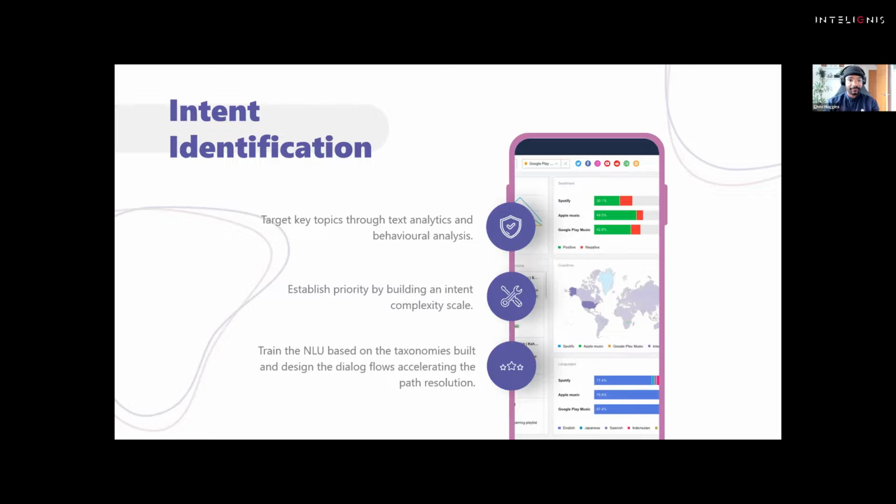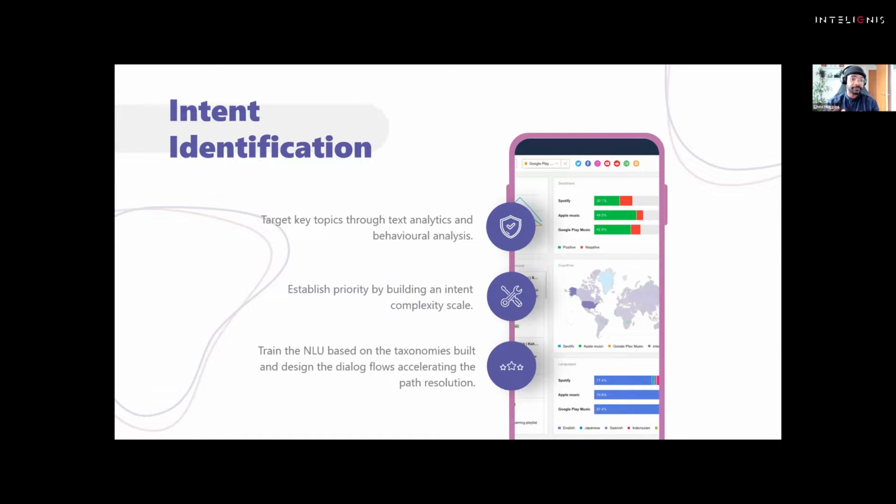Once you have this catalogue of taxonomies, you can go ahead and build a complexity scale, and I'll share a really basic example of how simplistic this can be to help you to then hyper focus on not only the areas of possibility, but also the scale of that impact as well, which is absolutely critical, in particular when you are starting off.